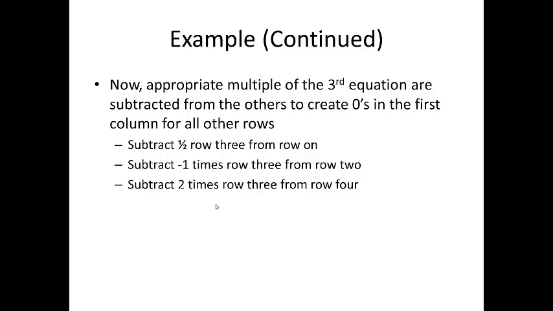So we subtract 1/2 row 3 from row 1, subtract -1 times row 3 from row 2, in other words, add row 3 to row 2, and subtract 2 times row 3 from row 4. This gives us the following results.